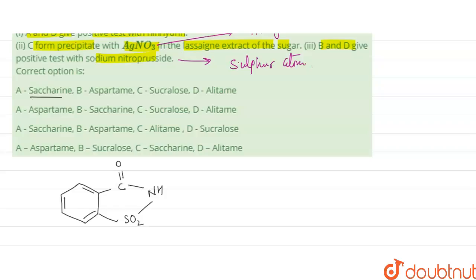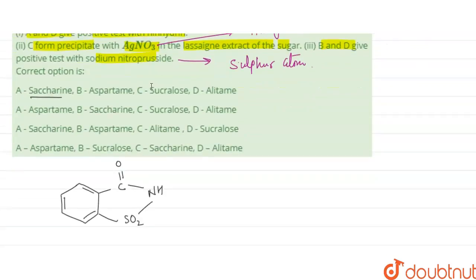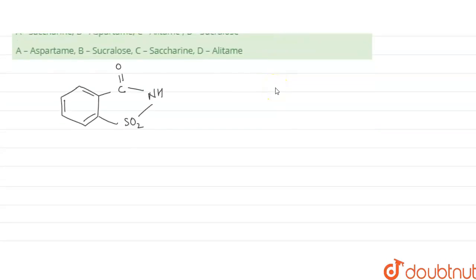This is the structure of saccharin. Here a sulfur atom is present.